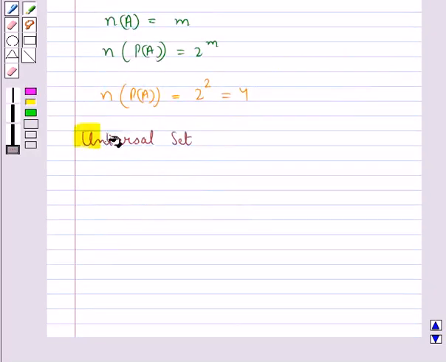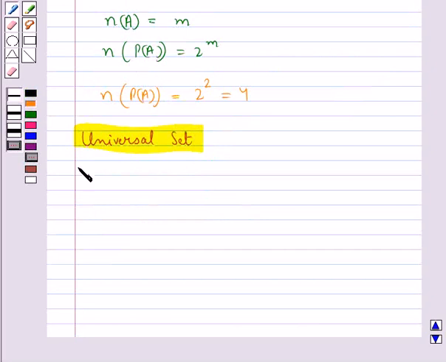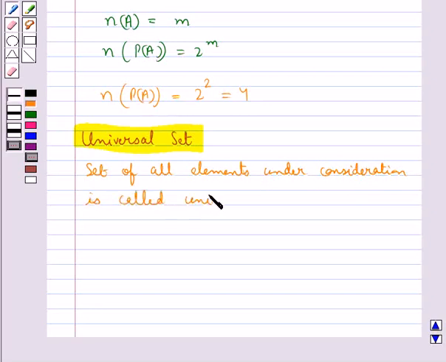Next we discuss the universal set. The set of all elements under consideration is called the universal set.